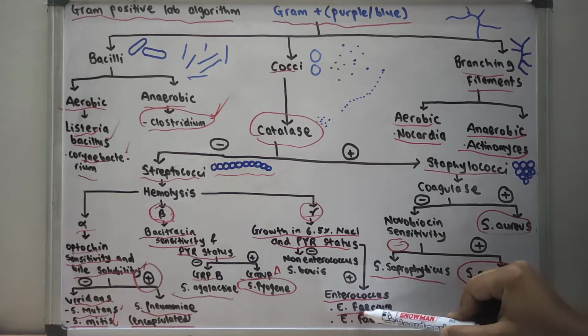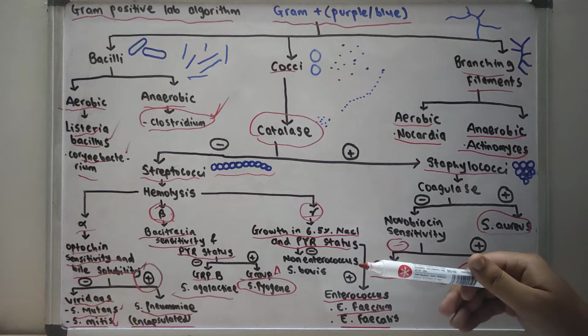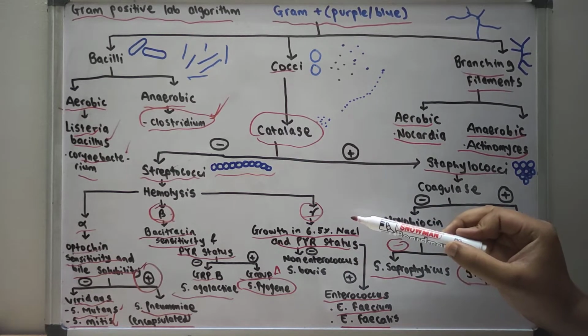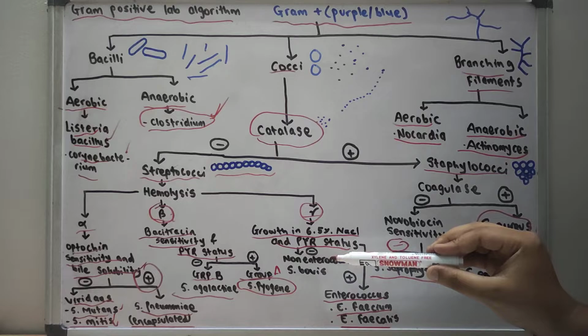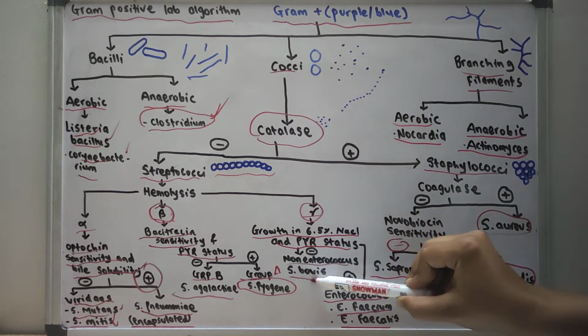Those are Enterococcus faecium and Enterococcus faecalis. And those streptococci which do not grow in 6.5% NaCl and are PYR negative are non-Enterococcus bacteria. Those are Streptococcus bovis.